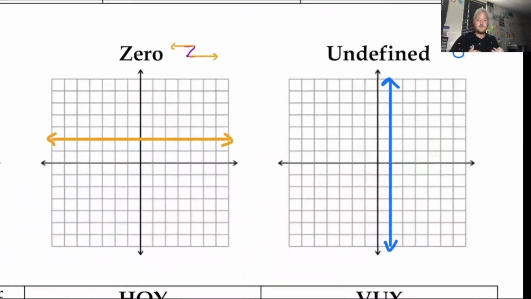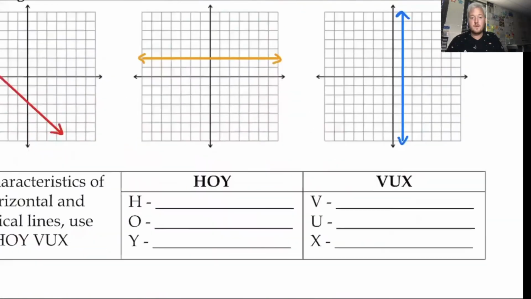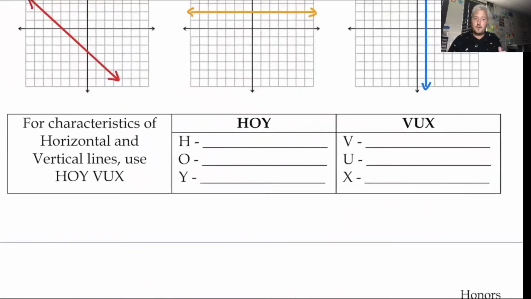With that, there's another trick to help you remember. I call it HOBS. HOBS is to help you remember the characteristics of horizontal and vertical lines.